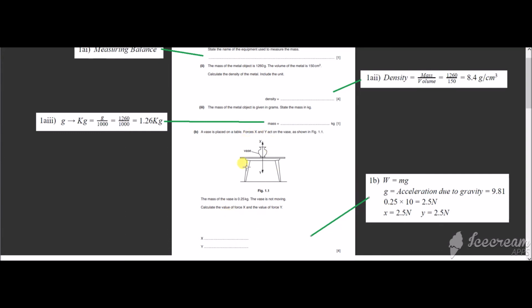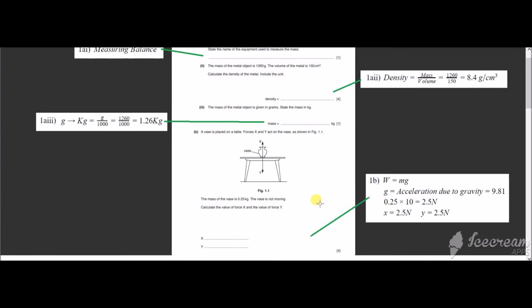So since the vase is not moving, we will be using the formula W is equal to m into g, where W is the weight, and that is equal to the mass into the acceleration due to gravity, and that's g. So the value for g is 9.81. This is something we should know. Then over here we have 0.25 kilograms, which is the mass.